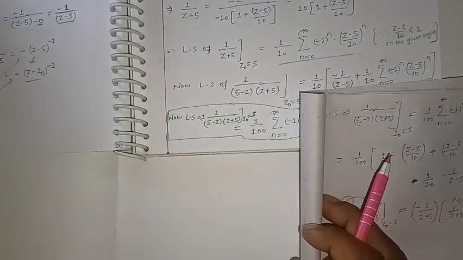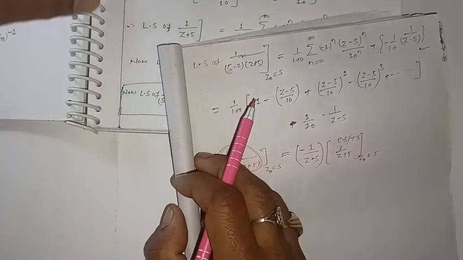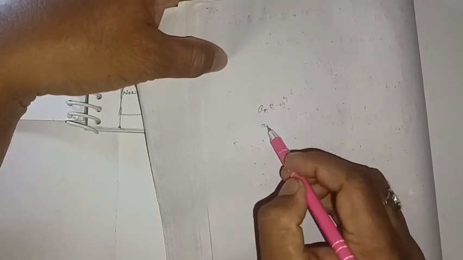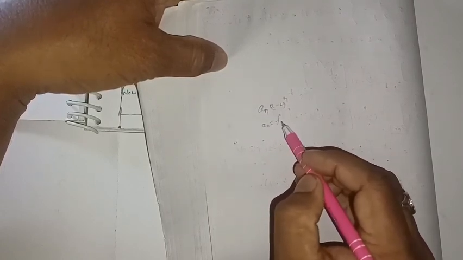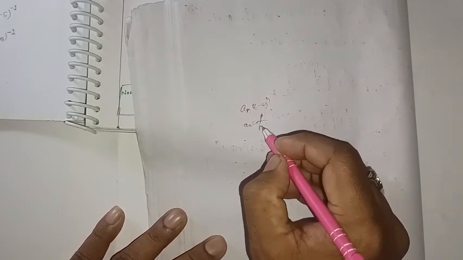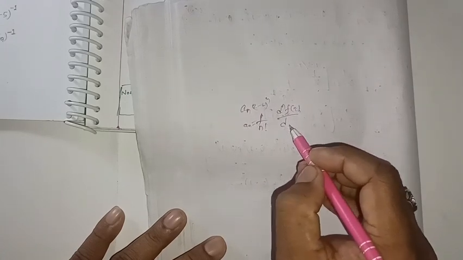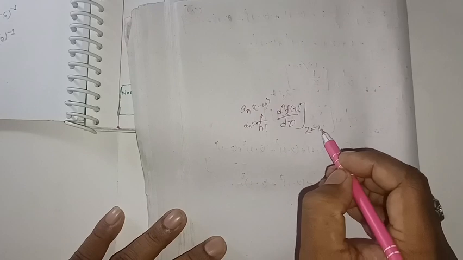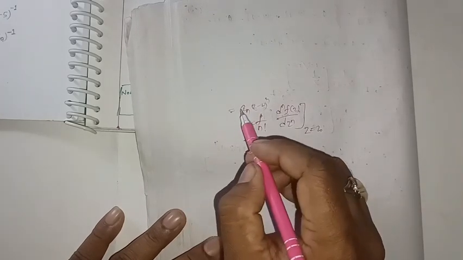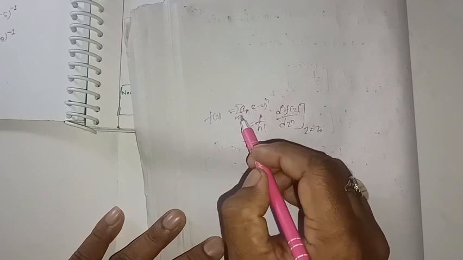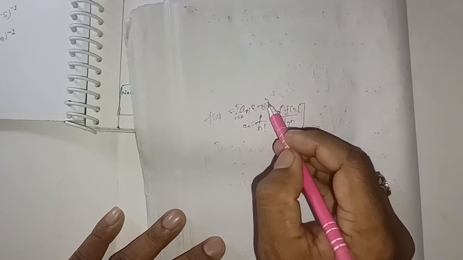For the Taylor series you can consider a_n into z minus z0 to the n, where a_n for n equal to 0, 1, 2 and so on is 1 by n factorial times the nth derivative of f(z) with respect to z at z equal to z0, and the Taylor series of the function f(z) is the summation over n equal to 0 to infinity of a_n into z minus z0 to the power n.